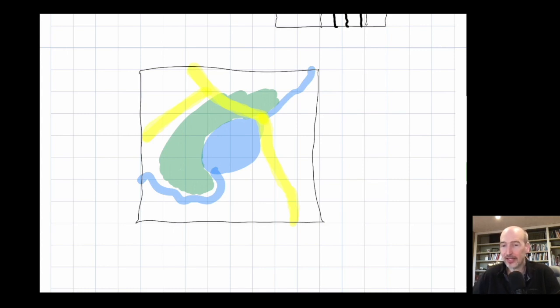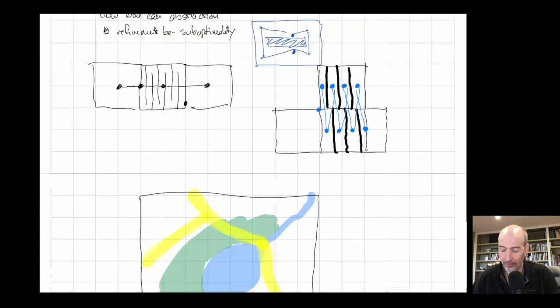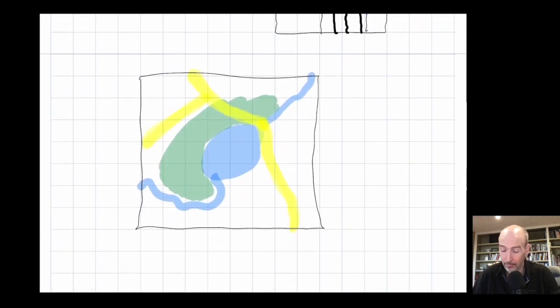So we can use exactly the same idea that we've done of abstraction, where when we abstract a region, we may not want it only to be a strongly connected component, but a strongly connected component of exactly the same terrain type. So that we'll abstract this water all as water, but inside here we want to say, well, this is water and this is trees, and they're connected, but there's some cost here to get between the water and the trees. It's going to be different to getting between the trees here and the trees here.